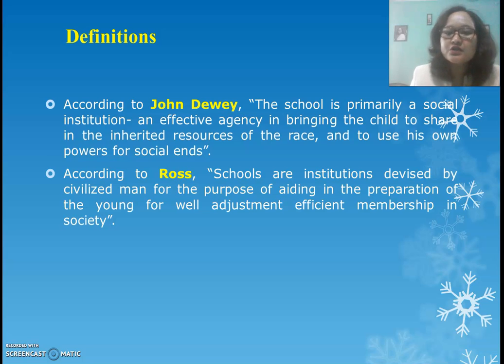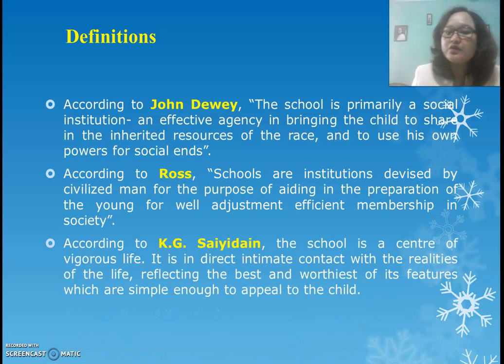According to Ross, schools are institutions devised by civilized men for the purpose of aiding in the preparation of the young for well-adjusted, efficient membership in society. According to K. G. Saiyidain, the school is a center of vigorous life. It is in direct, intimate contact with the realities of life, reflecting the best and worthiest of its features, which are simple enough to appeal to the child. So these are a few definitions.